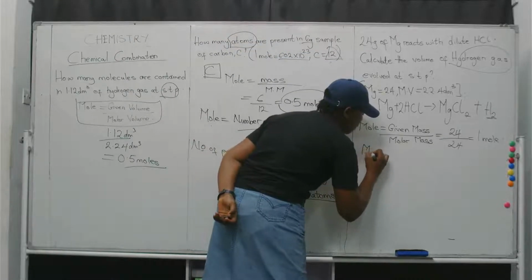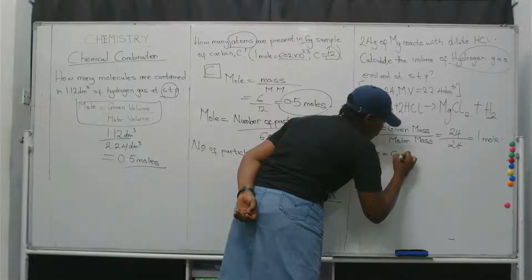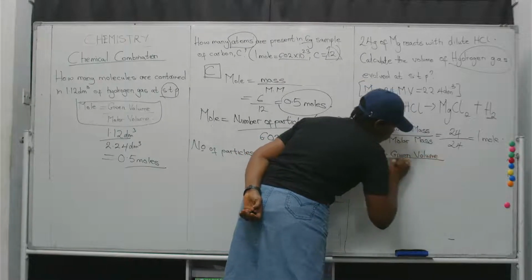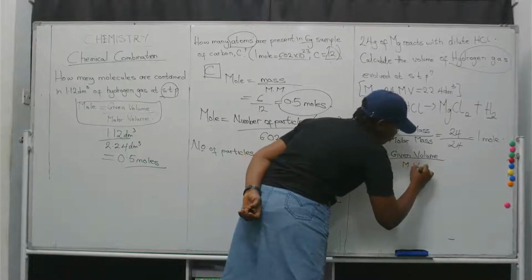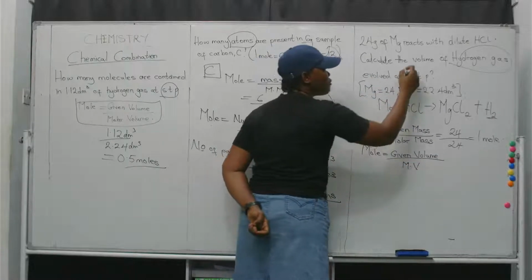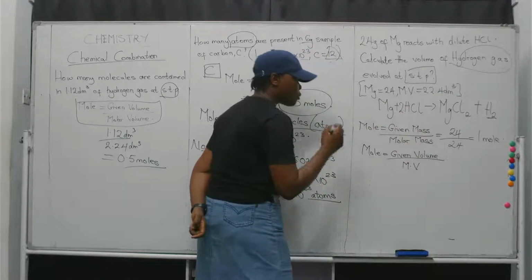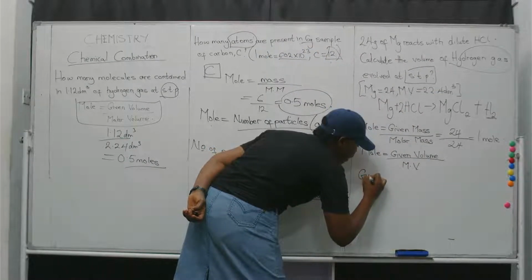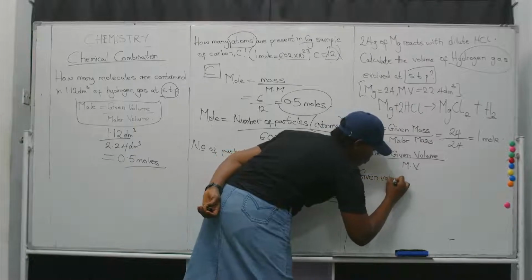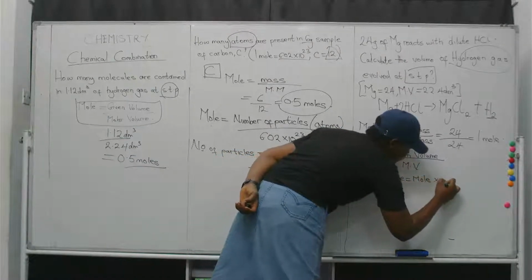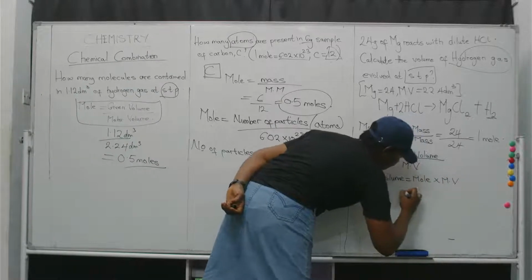Since we know that mole equals given volume over molar volume, if measured at STP, it's 22.4. So given volume, which is our question, will be mole multiplied by molar volume.